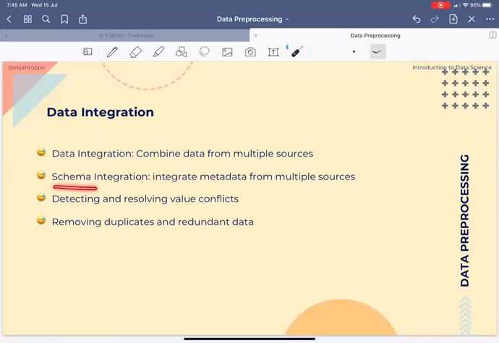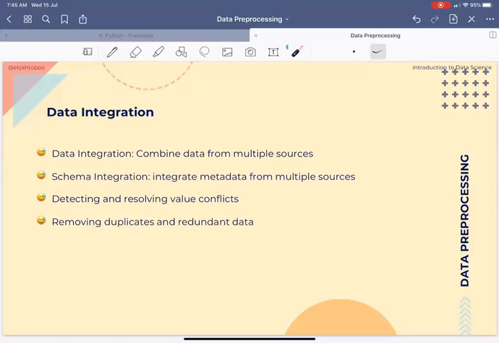Another idea is schema integration. That is, all of the data is in one form. You have different CSV files, and different CSV files show you different features about the data. So if you remember, when we looked at the MovieLens data, it could be called one big, unified data, but showing different aspects or different views of it. So you have one CSV that only talks about movies, genres, the year it was released, and that's it.